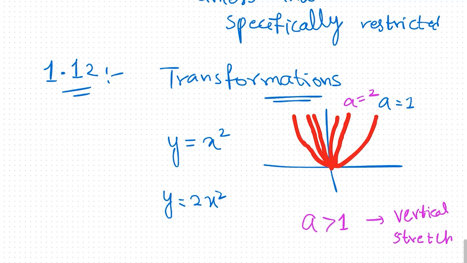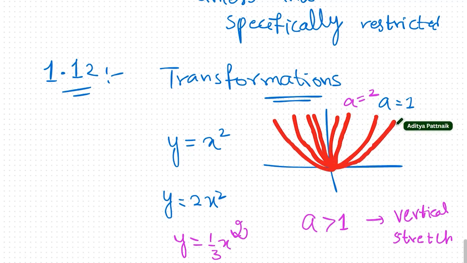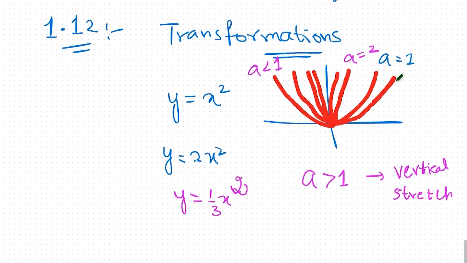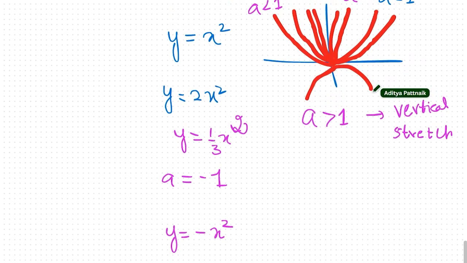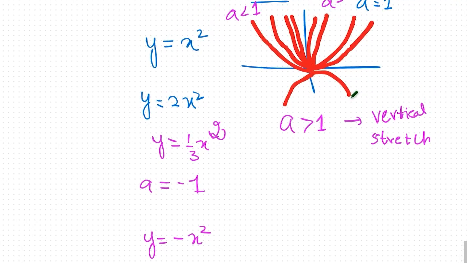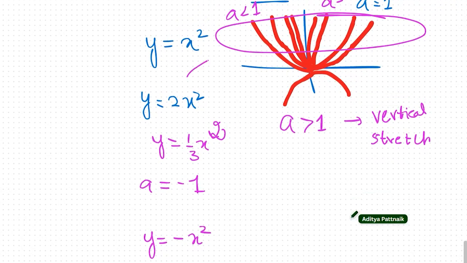So what if a is less than 1? Let's say 0.5, y equal to 1 by 2 x squared. Then it becomes wider, right? So I'm writing here a is less than 1. What if a is negative 1 this time? Y is equal to negative x squared. It gets reflected across the x-axis. It will be symmetric to y equals x squared.